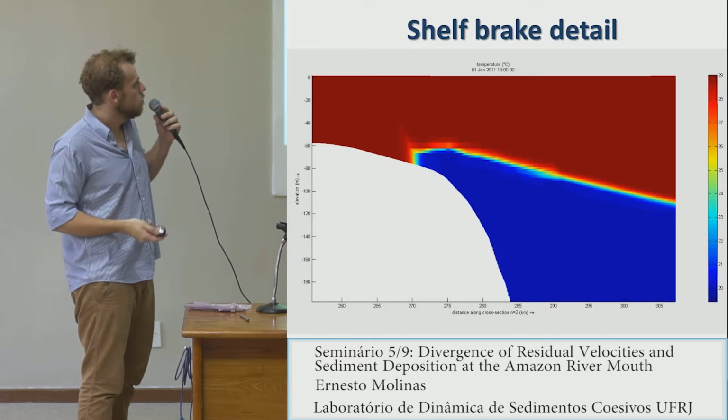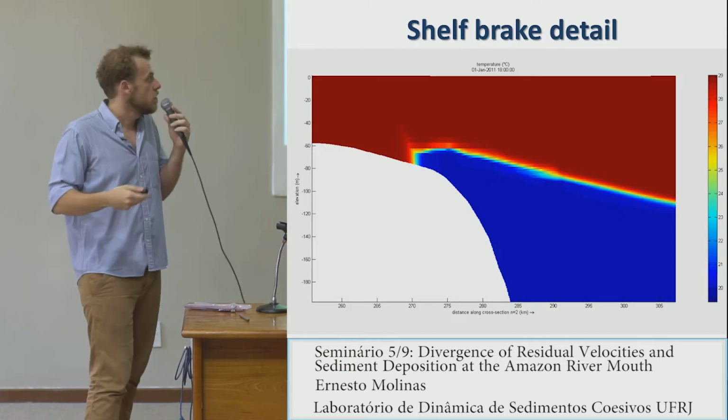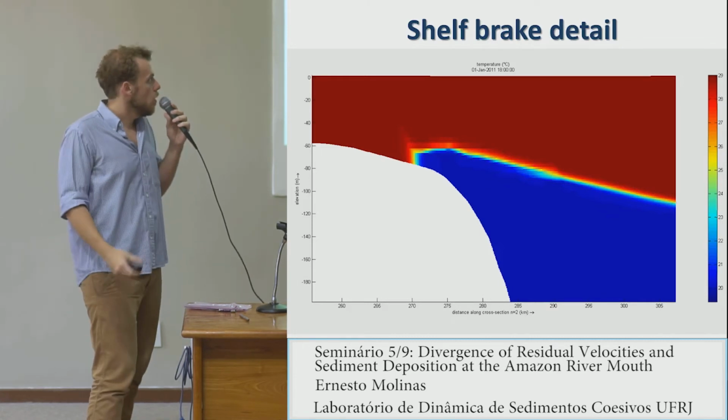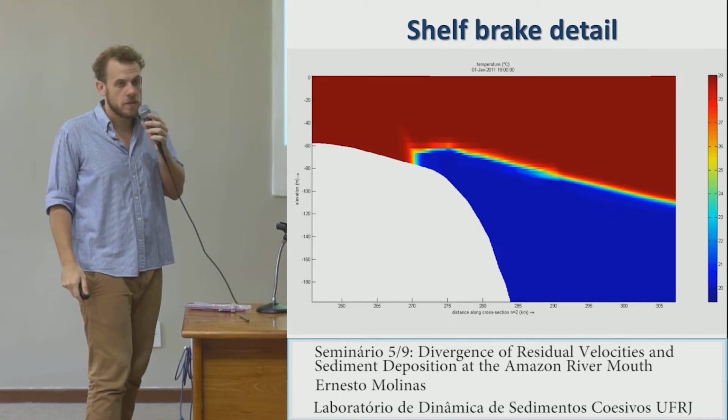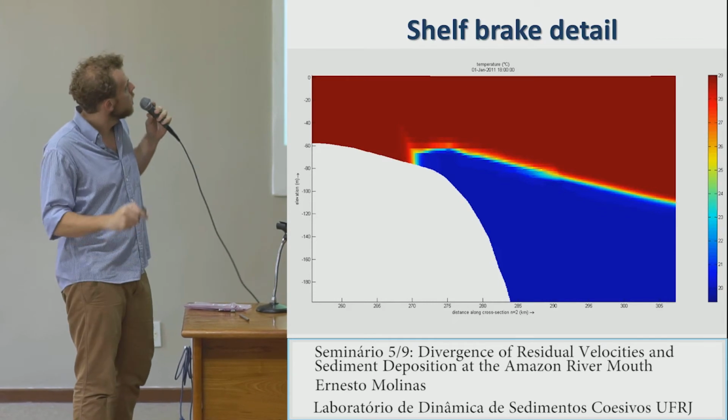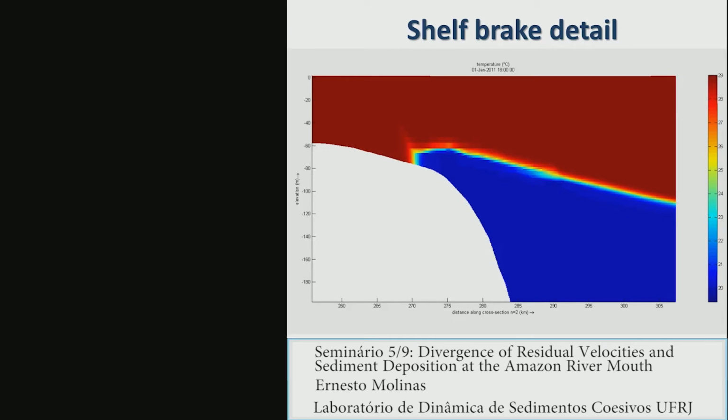So we strongly believe that these internal tides are playing a major role in the control of the sediment flux through the outer shelf. And that's it. We'll keep developing this model and trying to formalize this hypothesis, and I hope we can make some contribution to the community. Thank you.